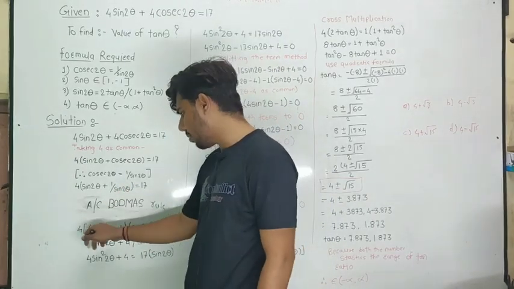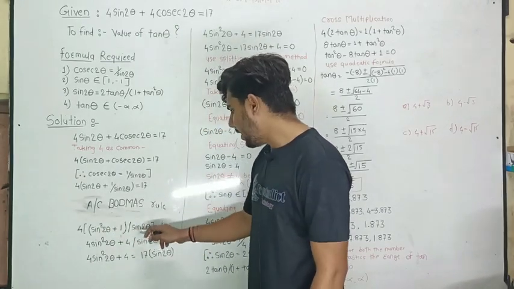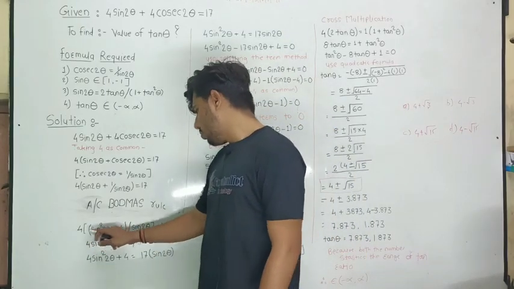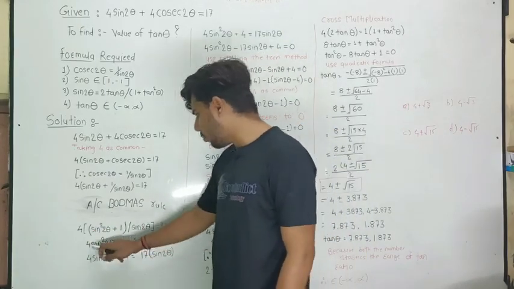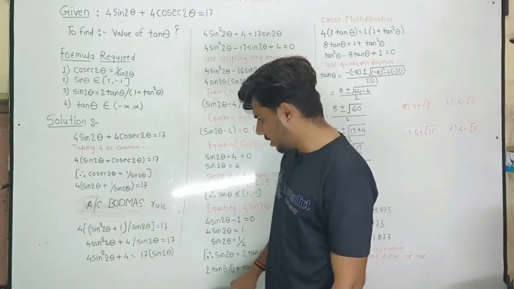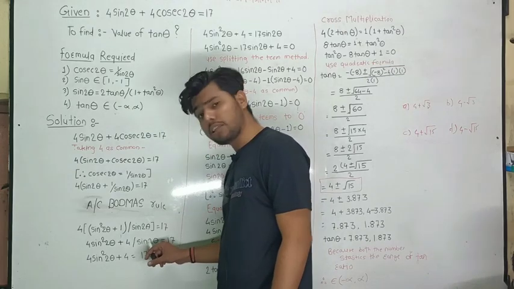4 in square bracket, in circular bracket, sin² theta plus 1 by sin² theta is equal to 17. Simply we multiply this 4 to this bracket, so we got 4 sin² theta plus 4 by sin² theta is equal to 17. See here, this sin² theta term is in the denominator.